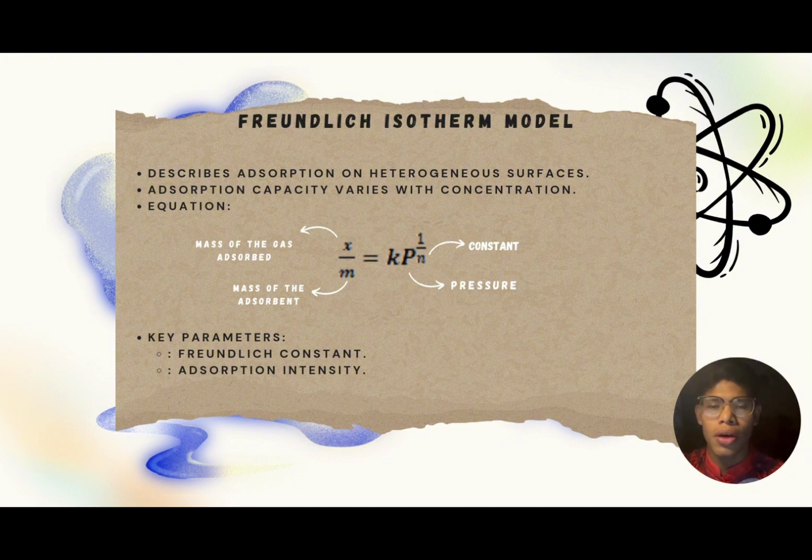The expression for the Freundlich isotherm is x/m = KP^(1/n). x is the mass of the gas adsorbed, m is the mass of the adsorbent, n is a constant, and P is pressure.